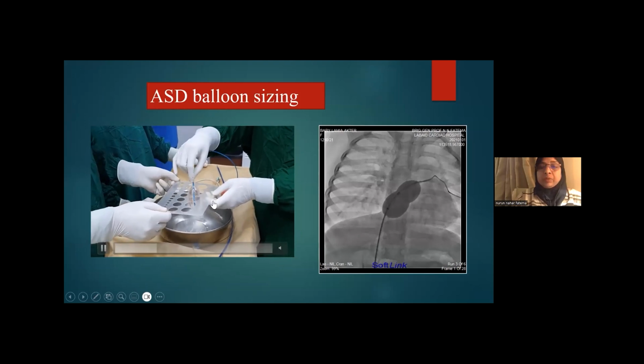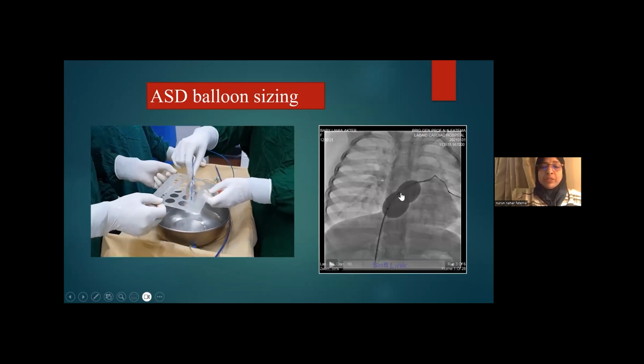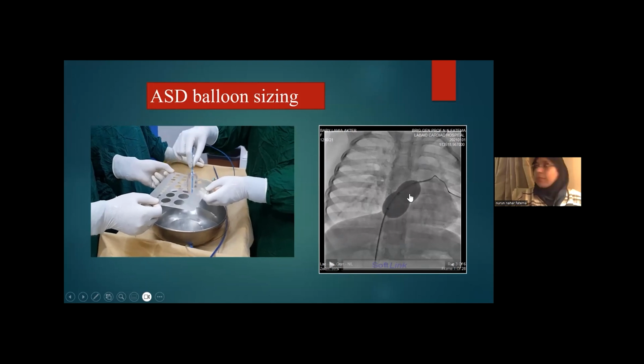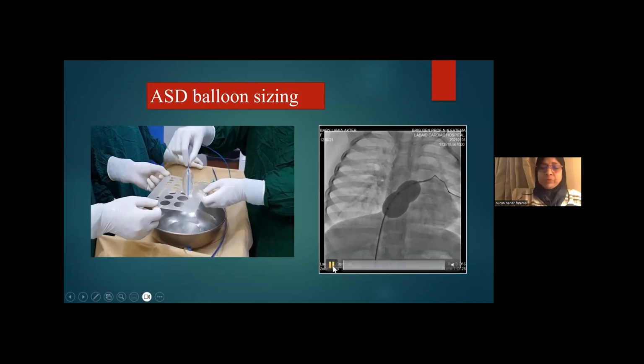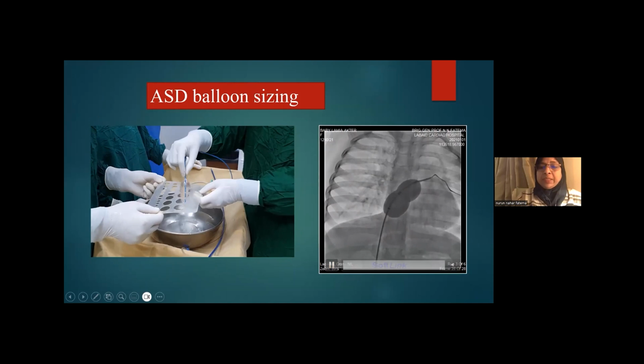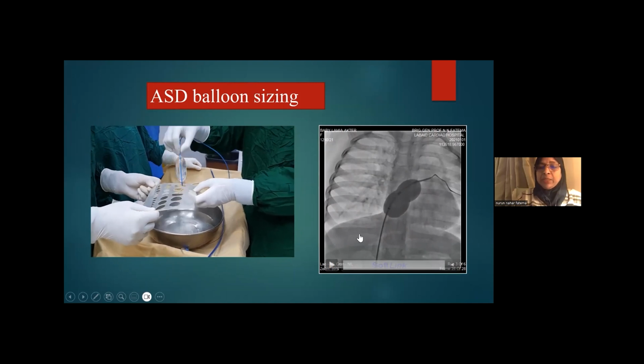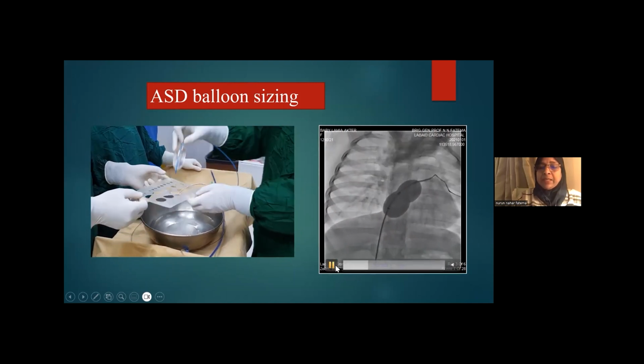So this is the balloon sizing procedure, and this one is the balloon. We are measuring the ASD here. You can see that a waist appeared here.